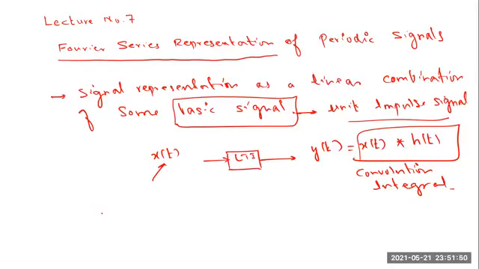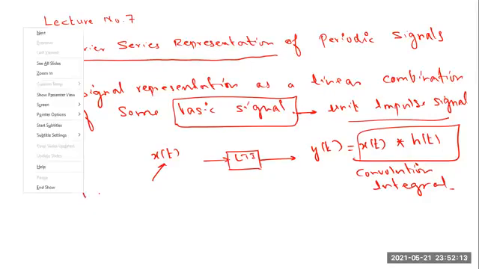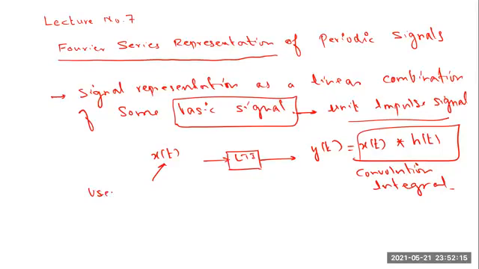So whenever you select any basic signal, you try to use that signal which has some useful properties. So the two properties that we always look for in basic signals are the useful properties of basic signals.